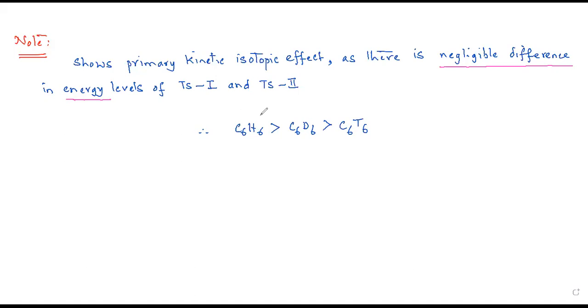Of course, even in this also, let me again tell you that the carbon hydrogen bond is not undergoing cleavage in rate determining step, but because of some other reason, sulfonation is showing a primary kinetic isotopic effect. We have discussed in detail about the kinetic isotopic effect in elimination reactions. Check it again.